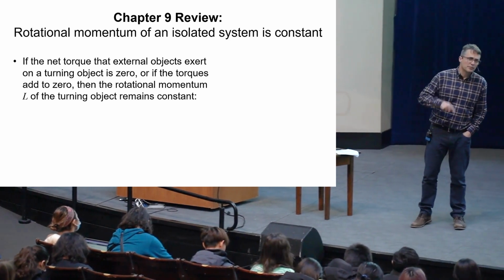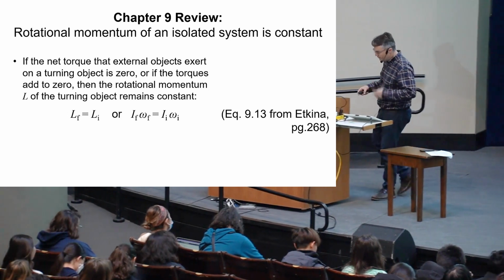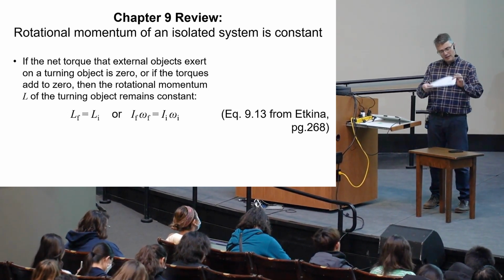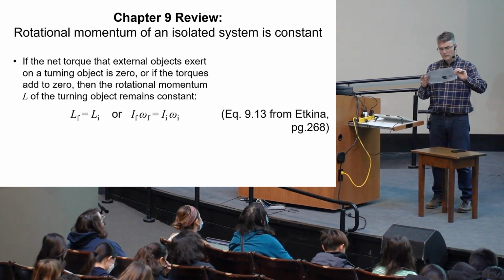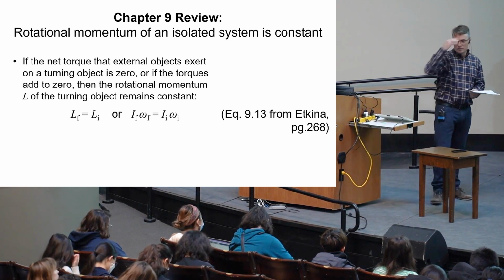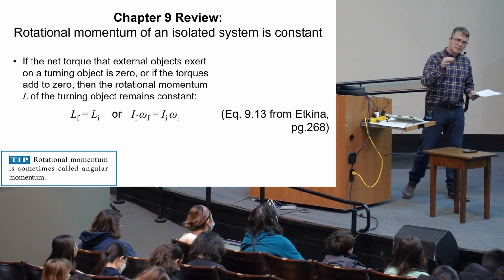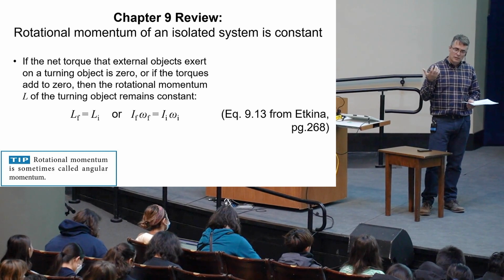Okay, so just to finish up with chapter 9, let's do an example of conserving rotational momentum. We were going to do this last time. When do you conserve momentum? You conserve linear momentum when there's an inelastic collision. Remember that?